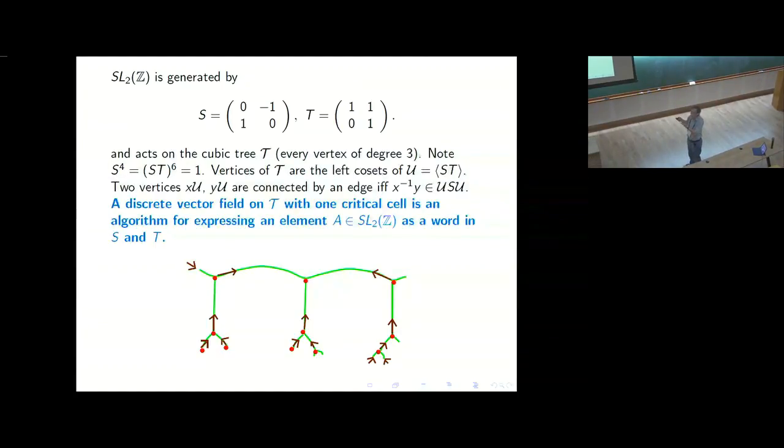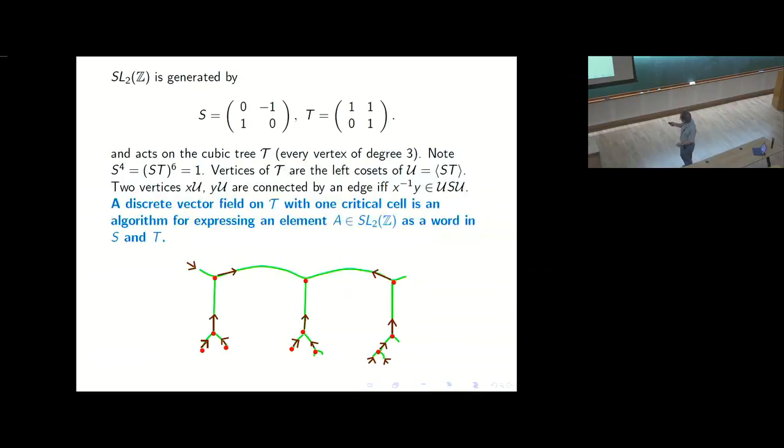So each cell has a stabilizer, is all that really means. Every cell has a stabilizer subgroup. So yeah, you have to keep a record of that stabilizer subgroup. That's part of Wall's lemma or proposition.